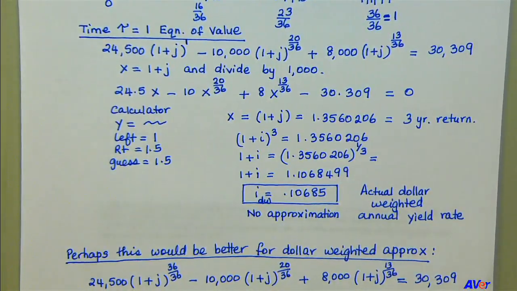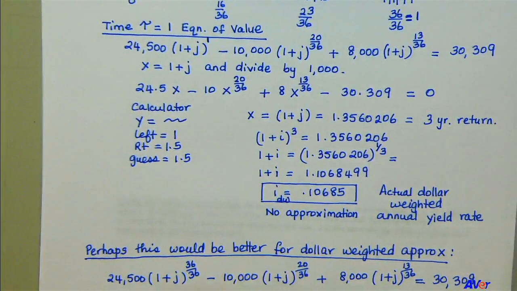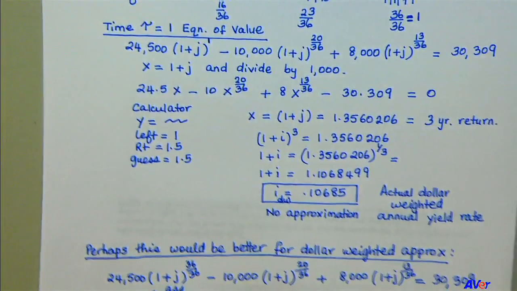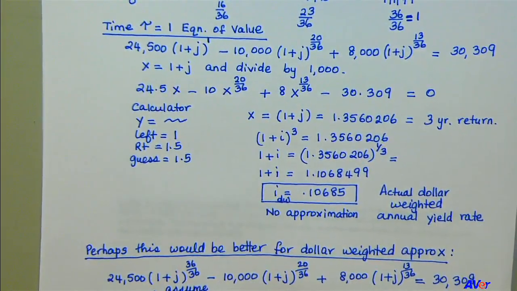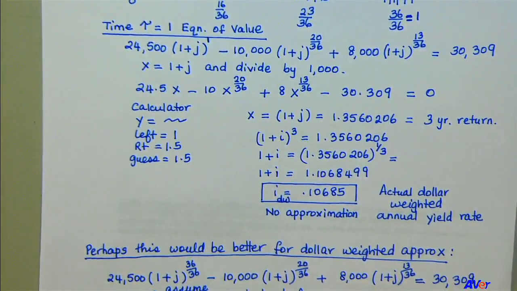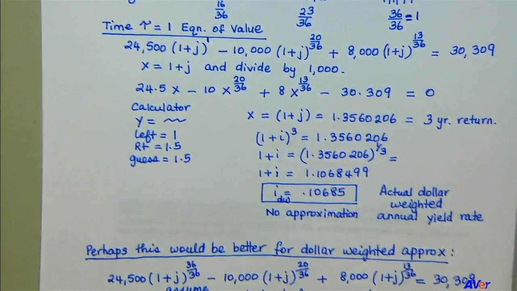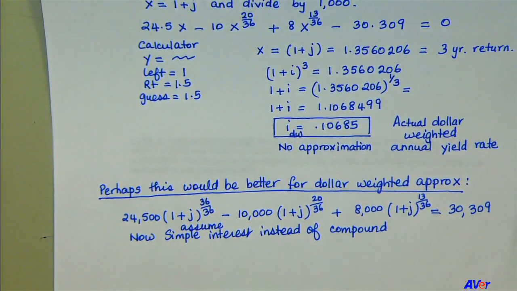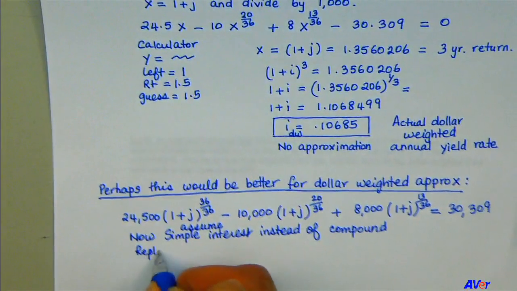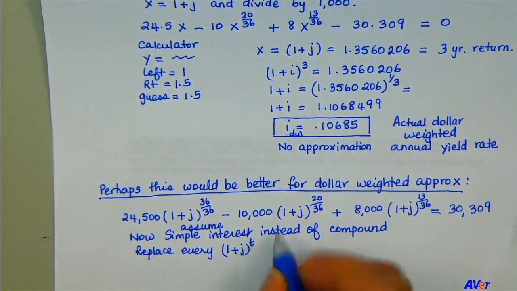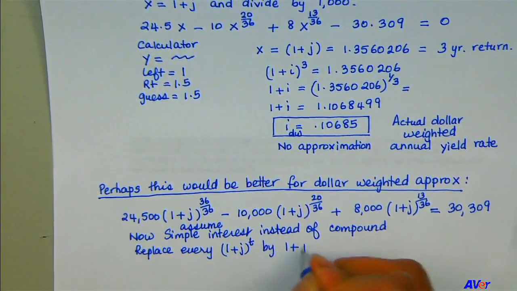Now I'm going to do simple interest approximation. Now, assume simple interest instead of compound. So every (1 plus j) to the t will be replaced by 1 plus jt, right? So replace every (1 plus j) to the t by 1 plus jt.